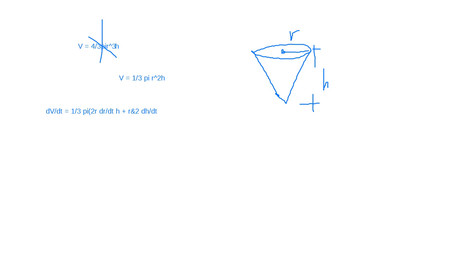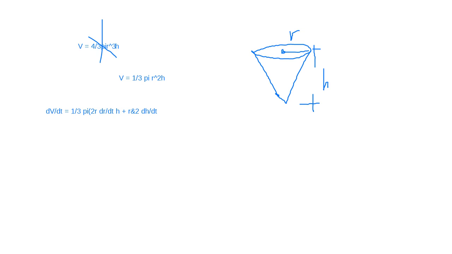Okay, we could write it this way. So I have a change of v equals 1/3 of pi times the change of r. We have r square, which is 2r times the change in r times h, product rule, right? Then plus r squared. This is r raised to 2.